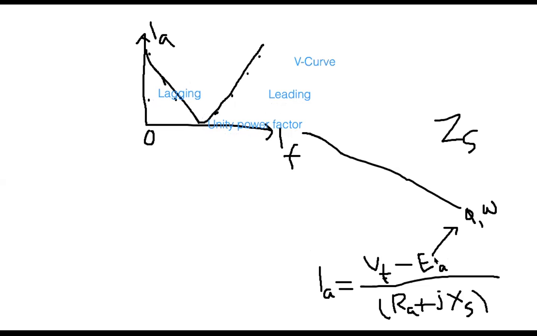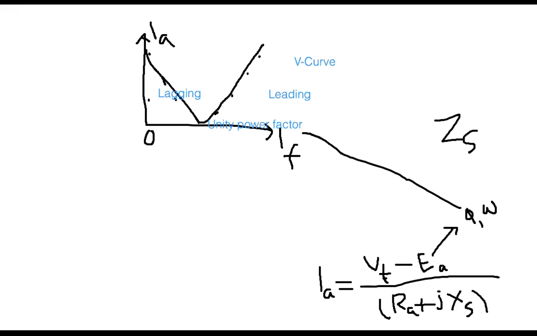When EA is very, very low, that is the effect of under excitation, that is the left side. At that side, current is highest when EA is 0, and then gradually increasing, but that is the lagging power factor zone. When current is fully 0, Vt equals EA, that is the unity power factor. And again, on this side, that is the leading power factor.